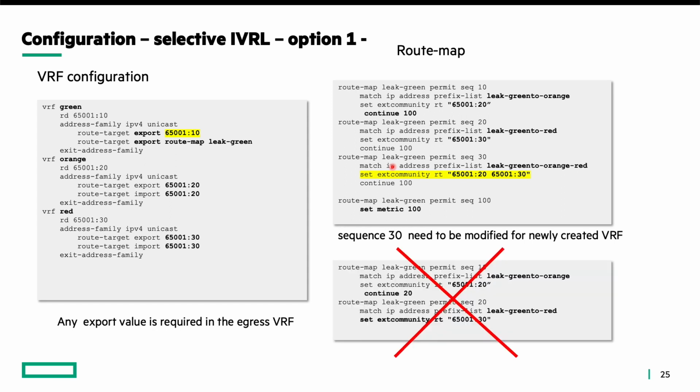And another, maybe more elegant way to build the route map, which is not yet supported, would be to use, in the first sequence, a prefix list to identify all the prefixes, even the common prefixes with the other ingress VRF, and set this community.